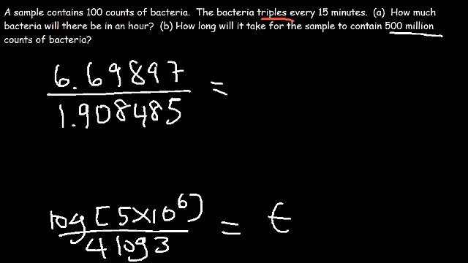Now let's divide these two numbers. This will give you 3.51. So it's going to take 3.51 hours for the sample to contain 500 million counts of bacteria.